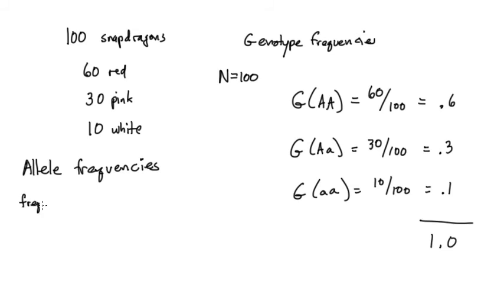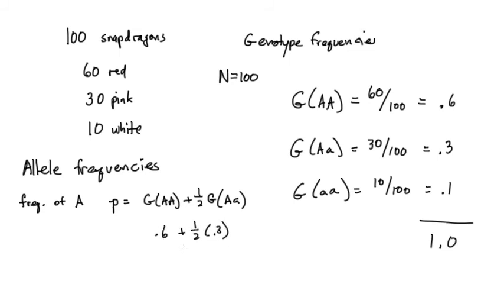The frequency of the big A allele will be represented by a lowercase p, and it's going to equal the genotype frequency of big A homozygote plus half the genotype frequency of the heterozygote. Here, that's 0.6 plus 1/2 of 0.3, or 0.15, so p is equal to 0.6 plus 0.15, or 0.75.